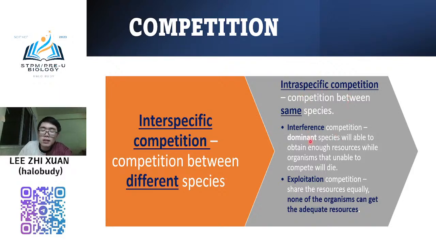Under intraspecific, we have interference and exploitation. Interference normally is when the dominant species is able to obtain enough resources while other organisms are unable to compete and they will die.